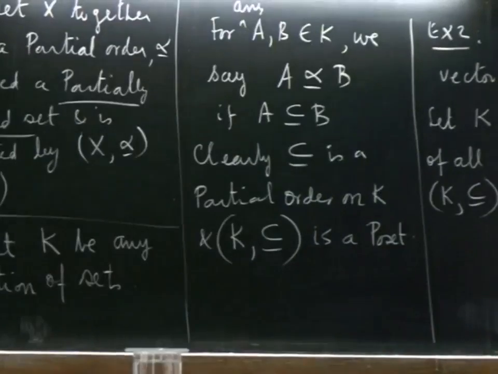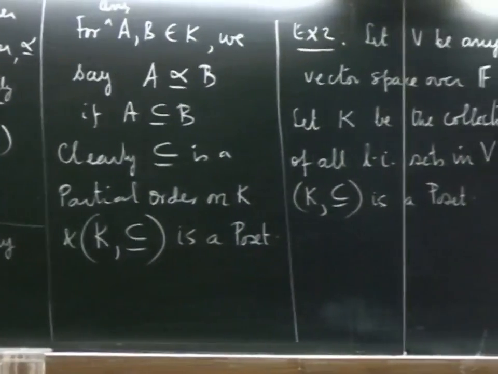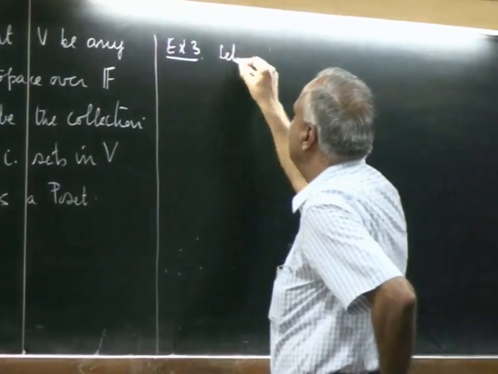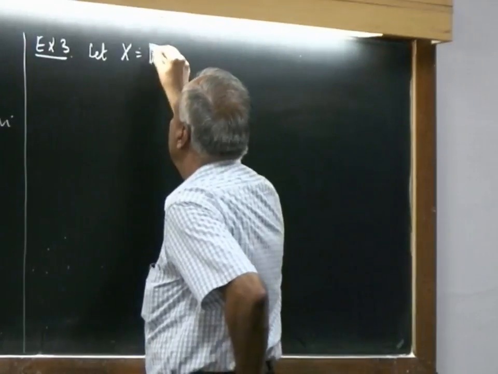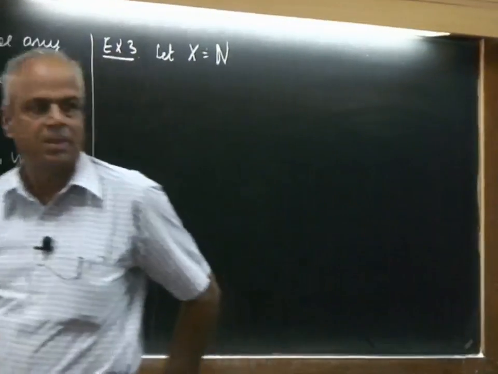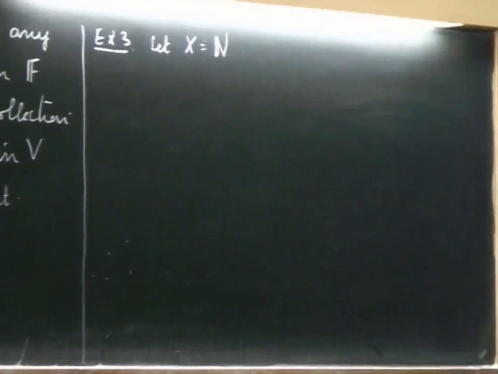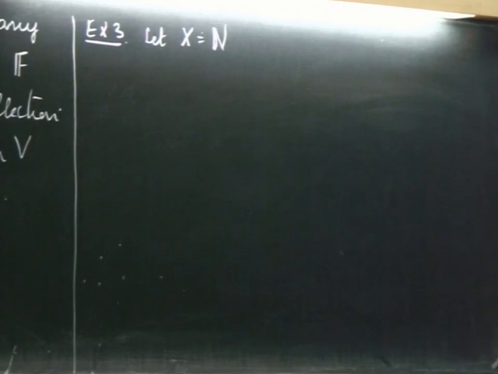Let us deviate a little bit from the sets. I will come back to the sets again. So, let us take X to be the set of all positive integers. You already know that less than or equal to is a partial order, but I am going to look at another partial order on the same set. So, as a set it is the same, but as a partially ordered set I am going to look at a different one.